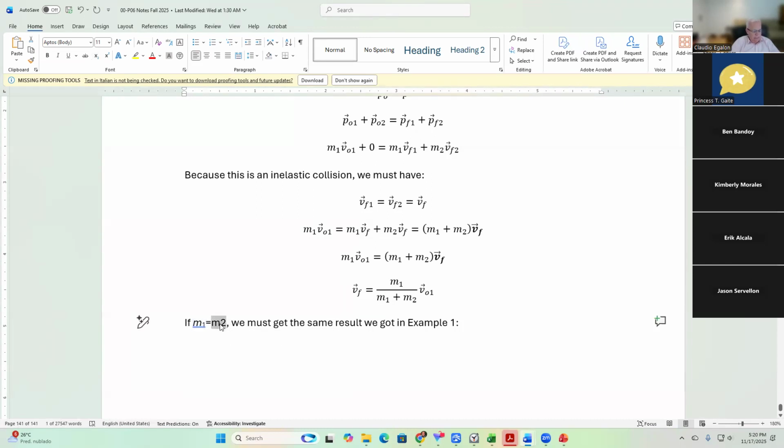This is just a little test that you can do for this final result. Here you go, M1 equal to M2. Let's put it equal to M.